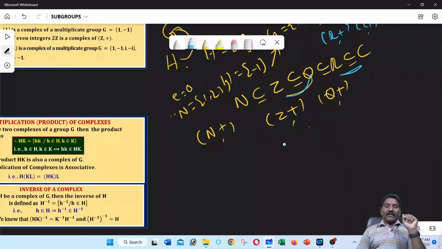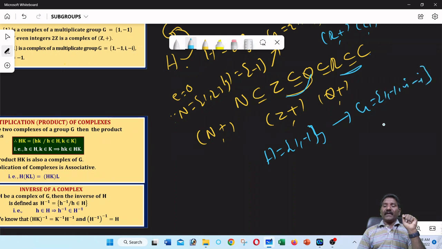Next, multiplication. Consider the set H equals {1, -1}. It is a subgroup of the group G equals {1, -1, i, -i}, the fourth roots of unity, where i squared equals -1. So it is a subgroup.